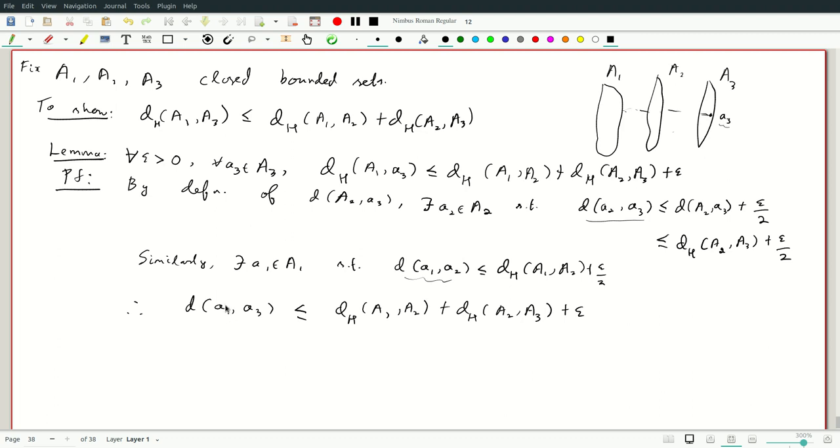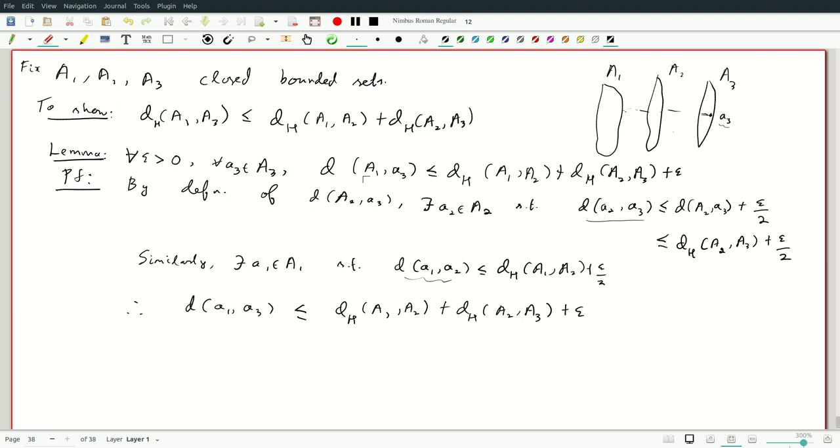Okay, but we know something about this. What were we trying to prove? We are trying to just show the lemma here. We are showing the distance between A1 and A3. Sorry, this is not the Hausdorff distance. This is the distance of a point from a set.